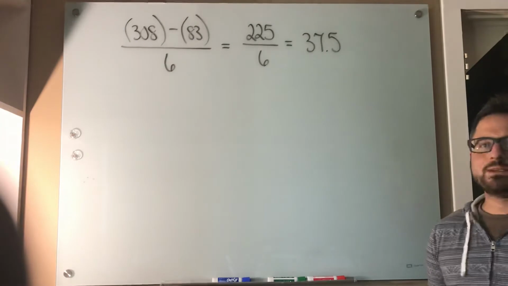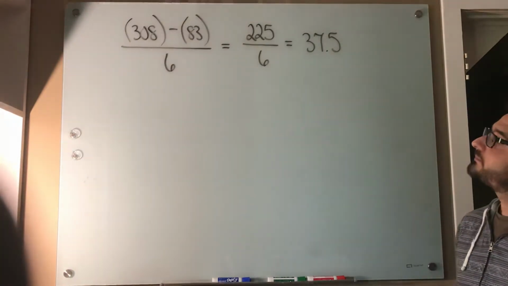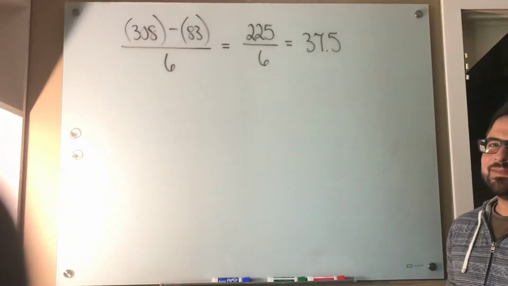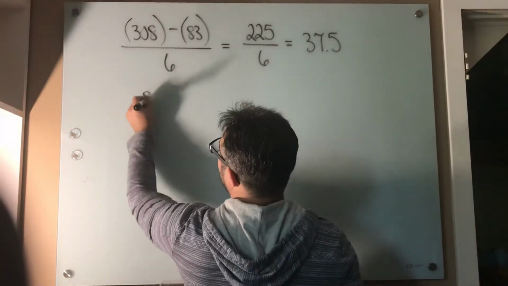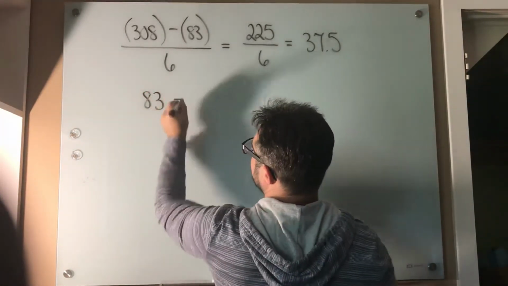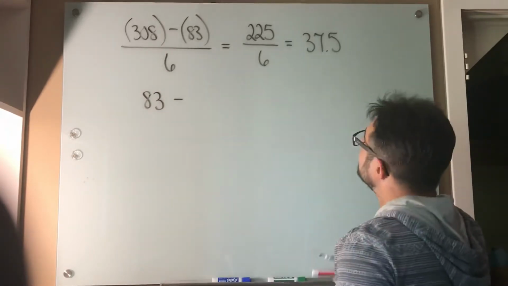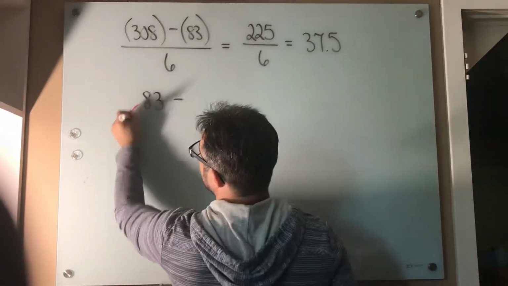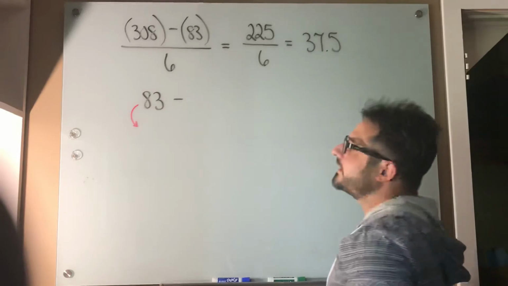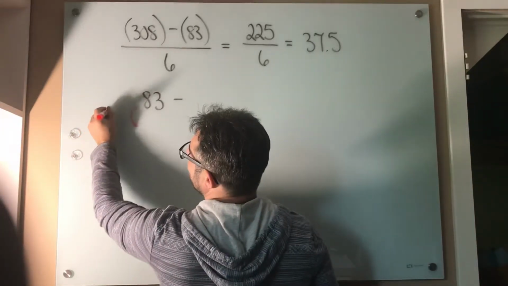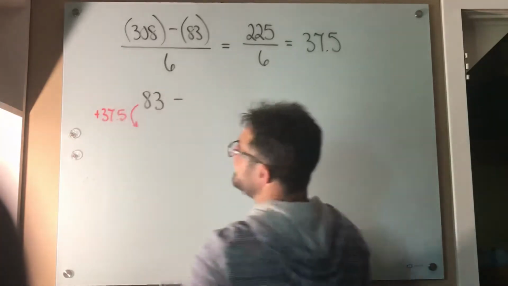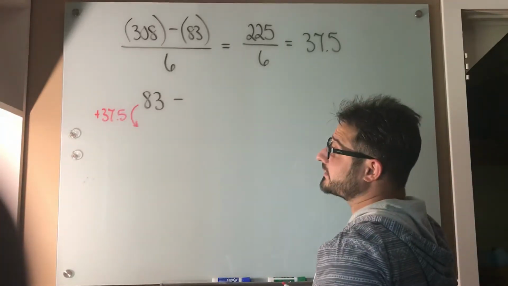Now let's assume we don't round at all. As you can imagine, this is going to get ugly. If we start the first class at 83, and we add 37.5, well, of course, we're going to get a decimal value here.